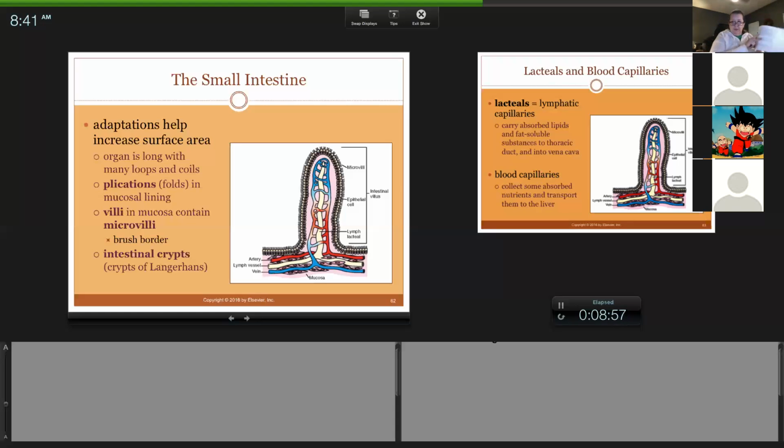Now, the big consequence when an animal has chronic diarrhea is that stuff moves through too fast. That decreases the time that nutrients can be absorbed.